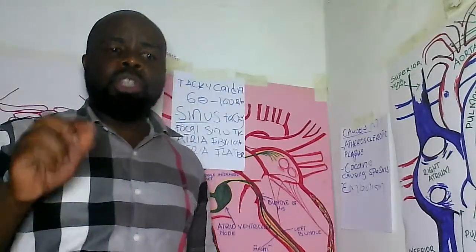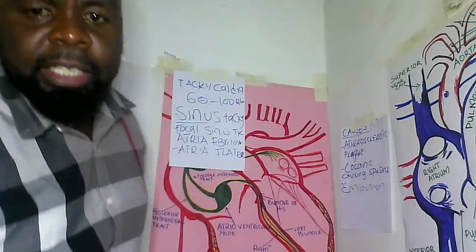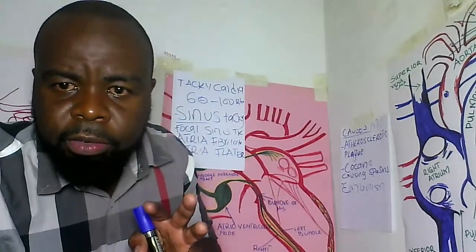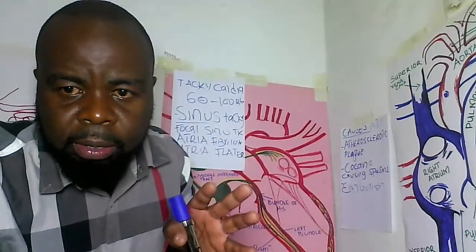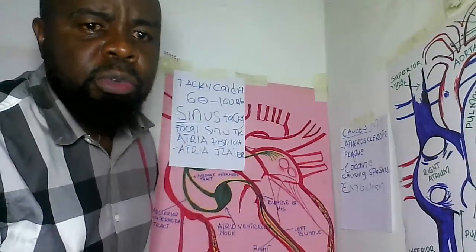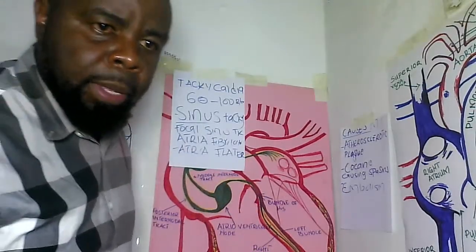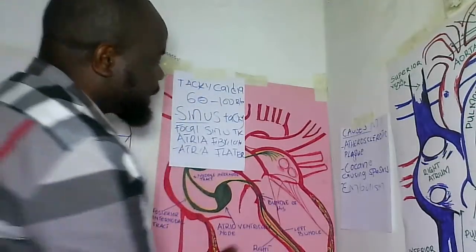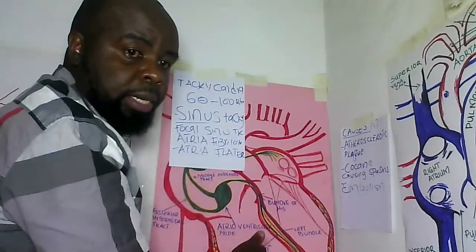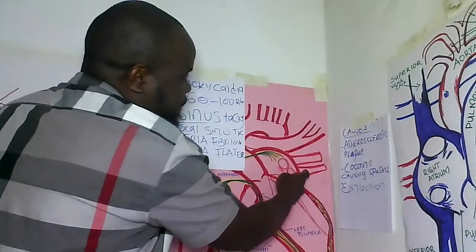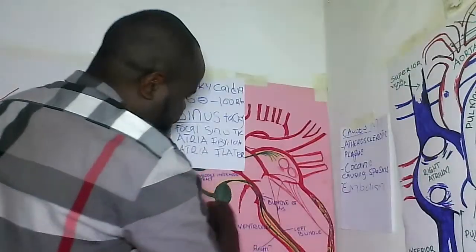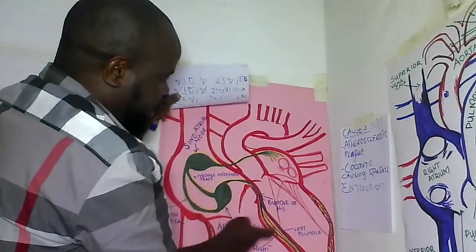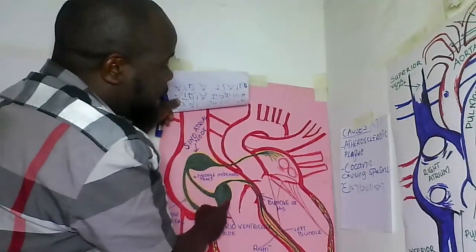We have a point that is producing the same impulses, and it is coming back to the mitral tract, and it's coming to the atrioventricular node, and then it is taking it back.